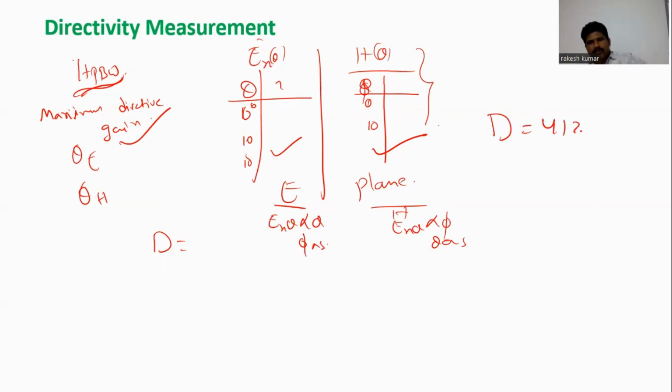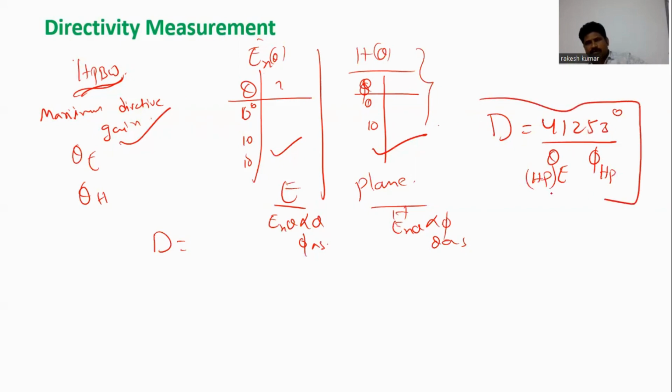D is equal to 41253 degrees squared divided by the product of theta E, the half power beam width in the E plane, and phi, the half power beam width in the H plane.